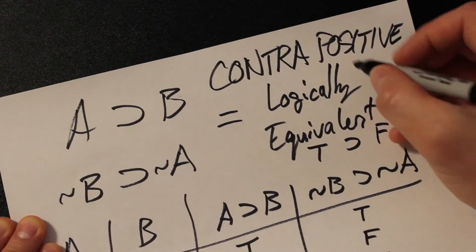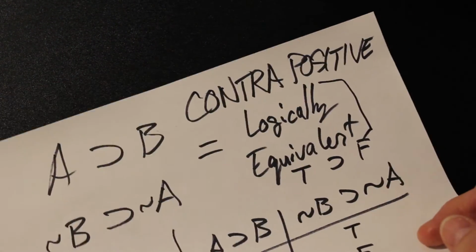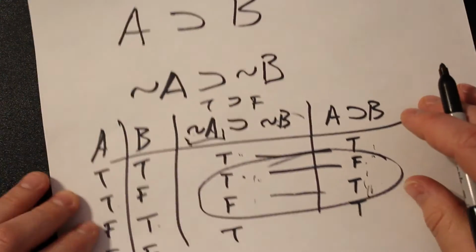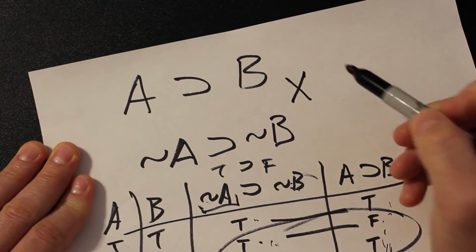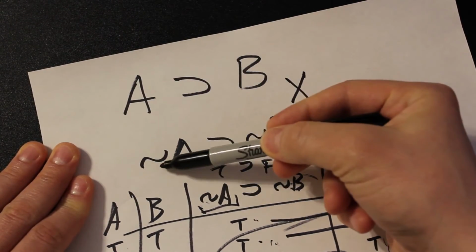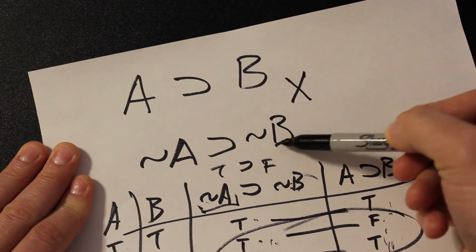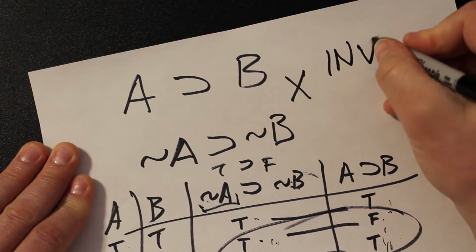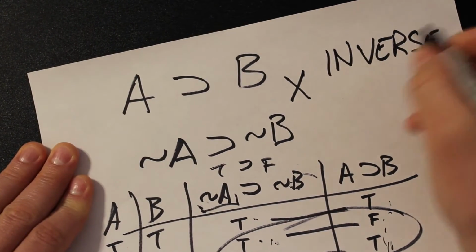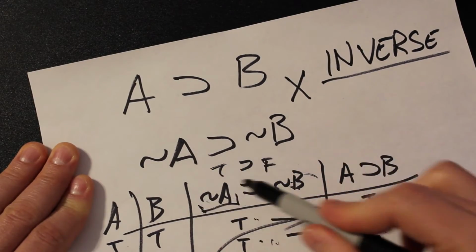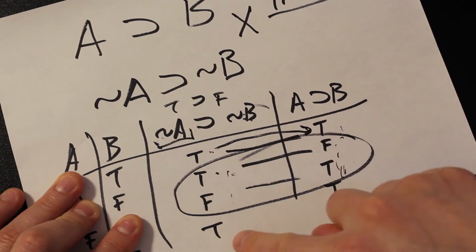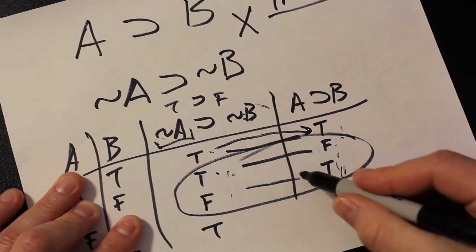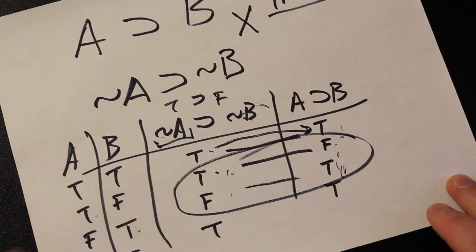The contrapositive is always logically equivalent to the original implication. The example that was not logically equivalent, where we negated both A and B, is the inverse. The inverse is not necessarily true. It might happen to be true in some cases where they're both saying the same thing, but there are still possible cases where they are not equivalent.